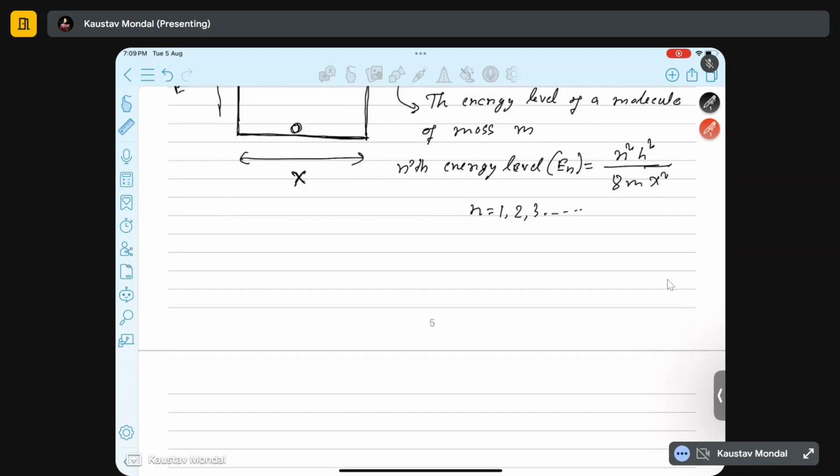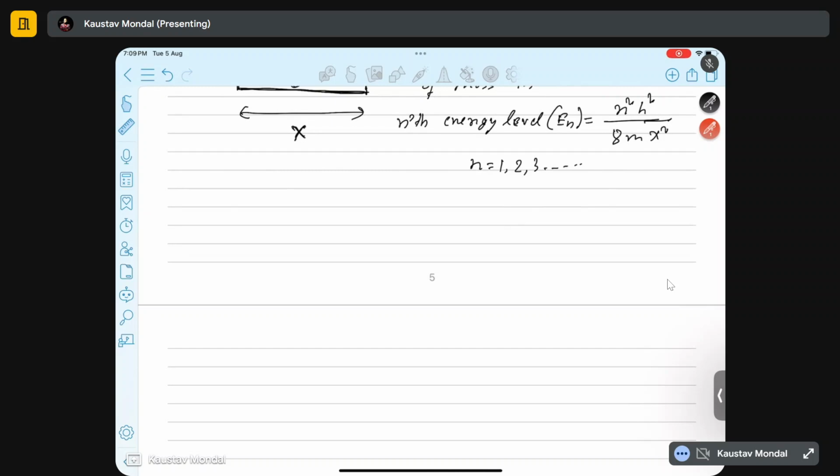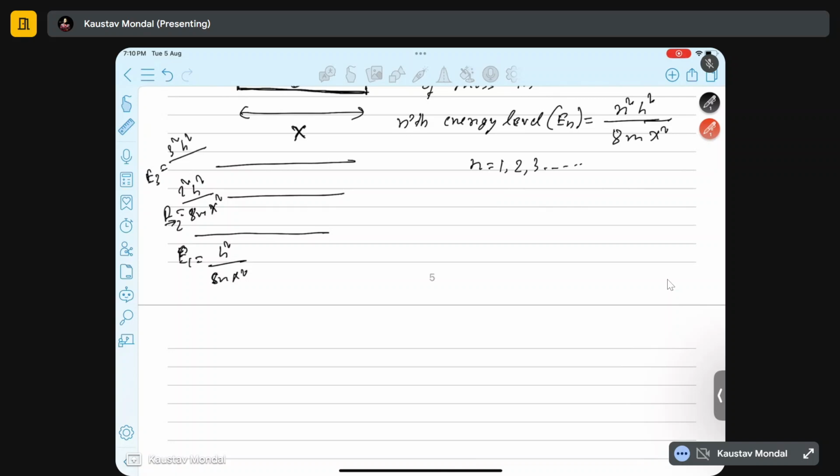So E1 is simply h square over 8 m x square. E2 is 2 square h square over 8 m x square. E3 is 3 square h square over 8 m x square, and so on. So each energy state is divided from the others in this way, right?